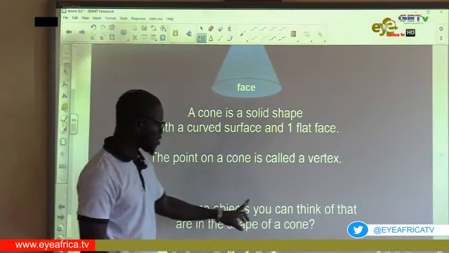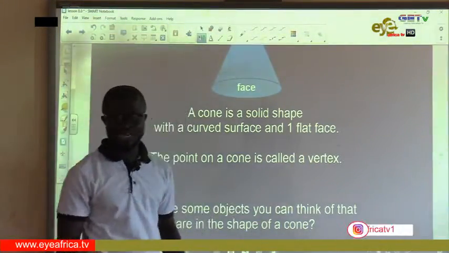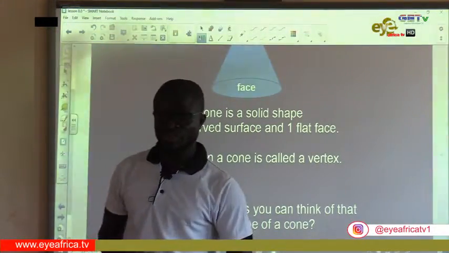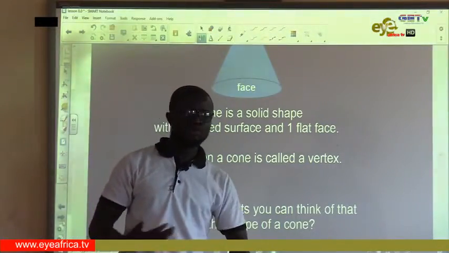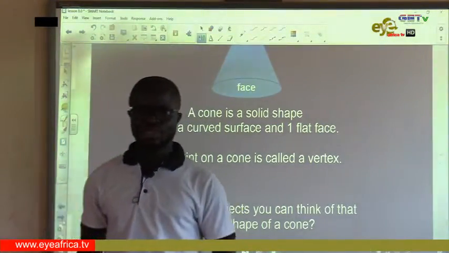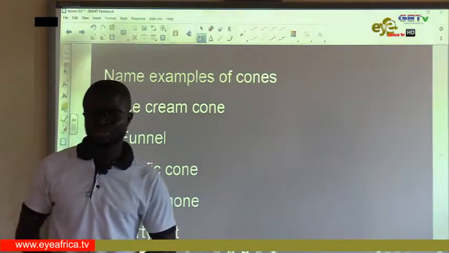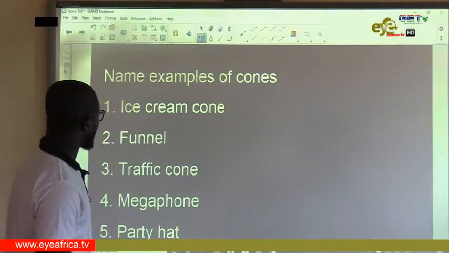What are some objects you can think of that are in the shape of a cone? It will help you if you can find out as much as you can. Name some examples of objects that look like cones in our surroundings.